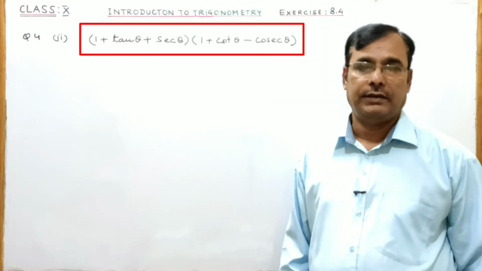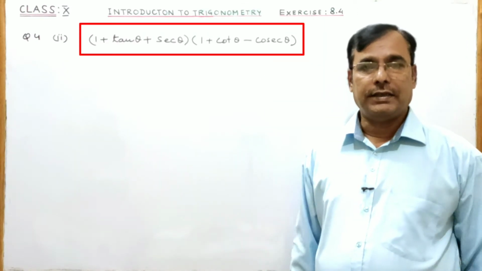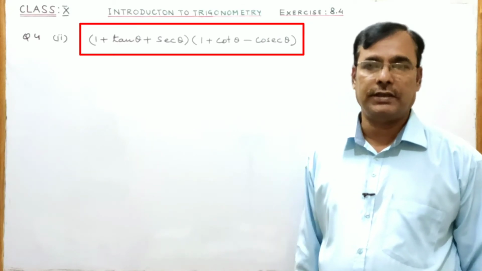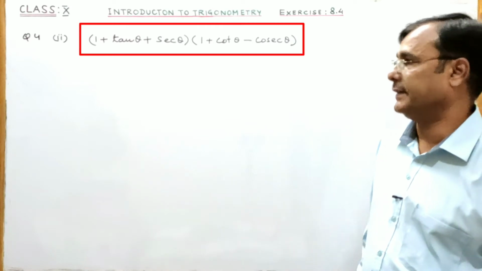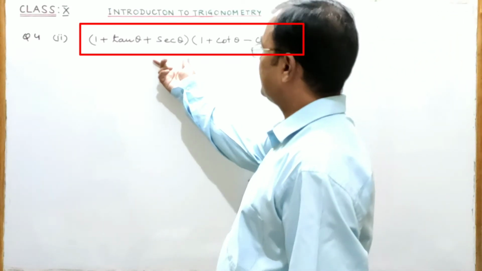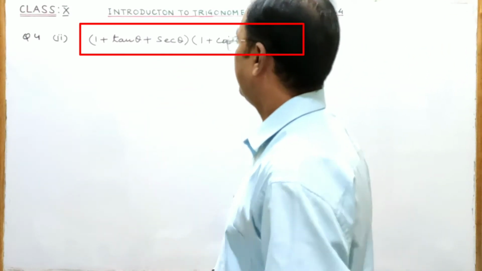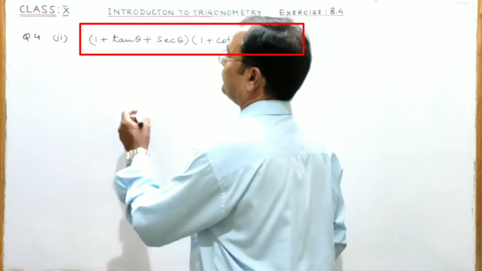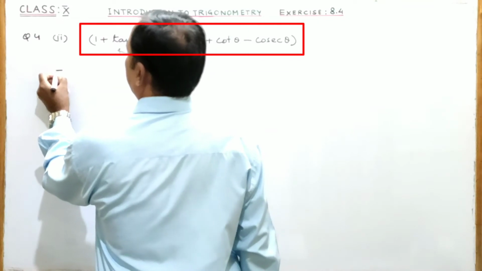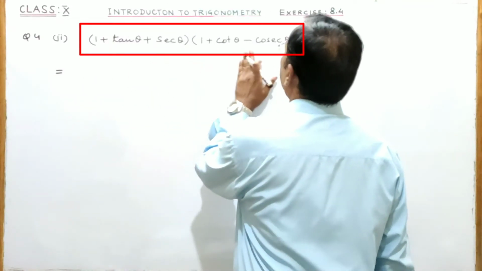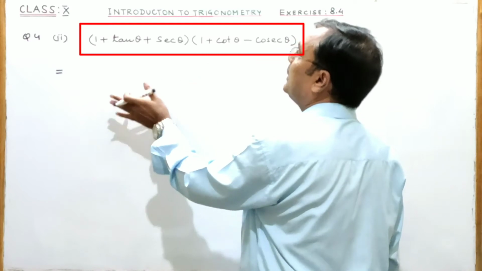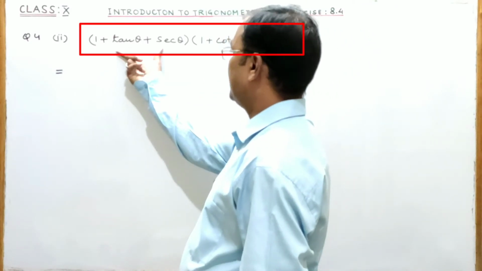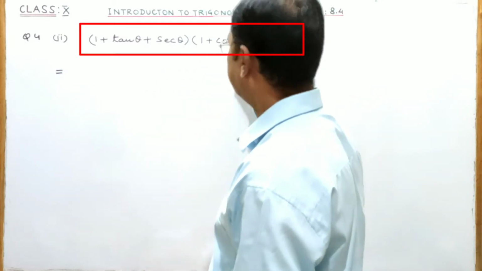Now second part, 1 plus tan theta plus sec theta into 1 plus cot theta minus cosec theta. We have to find the value of this. So let us first evaluate this, and then we will find the value of this expression. To find the value, we will simplify first by multiplying all the terms of the first bracket to all the terms of the second bracket.